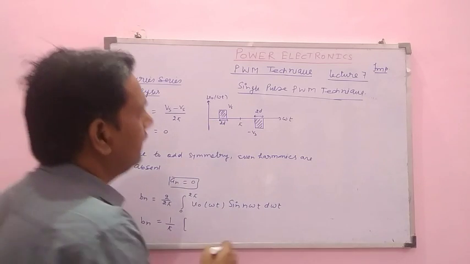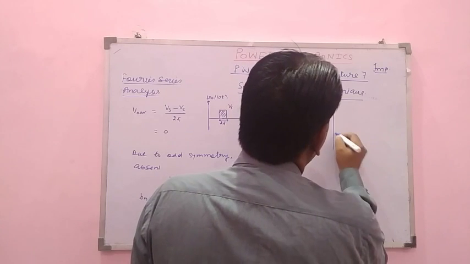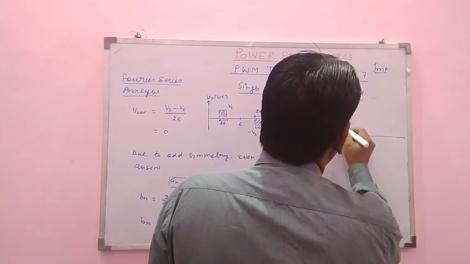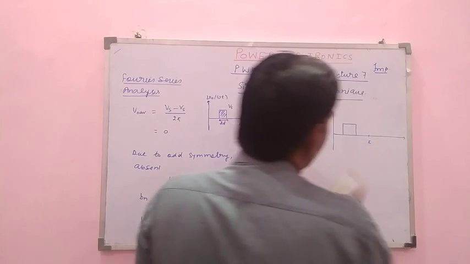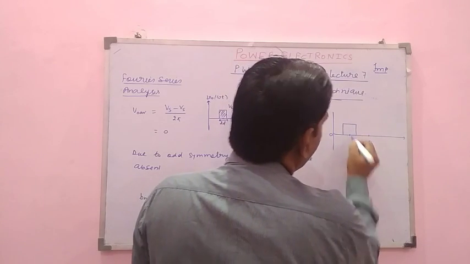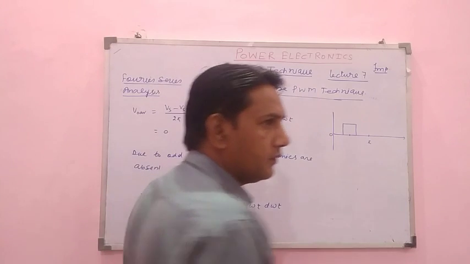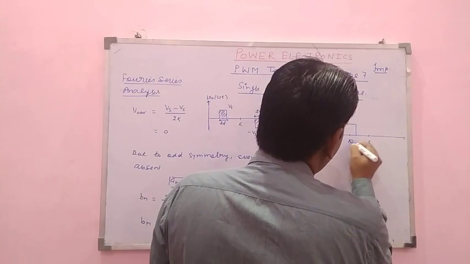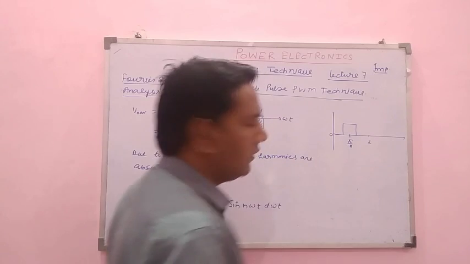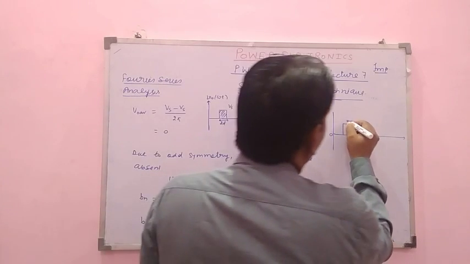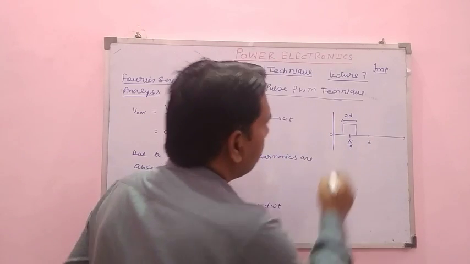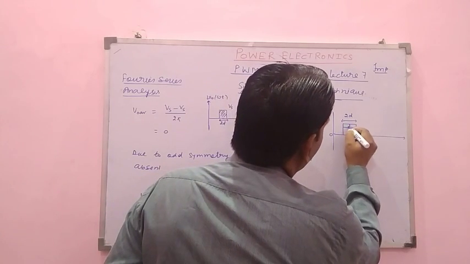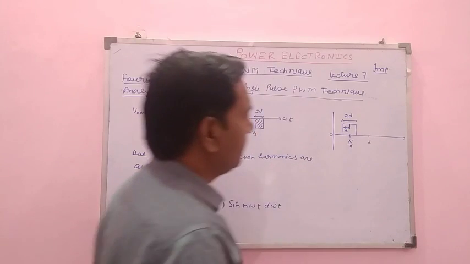So you can see here, this is the pulse, this is pi. The midpoint of the pulse will be pi by 2. Now the total width of this pulse is 2d, so the half width will be d.